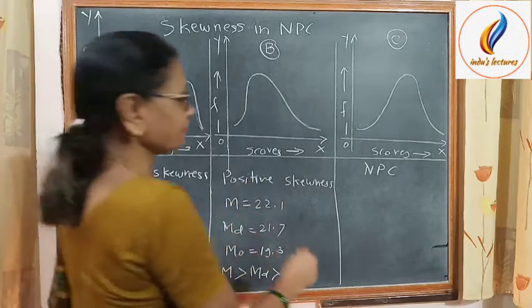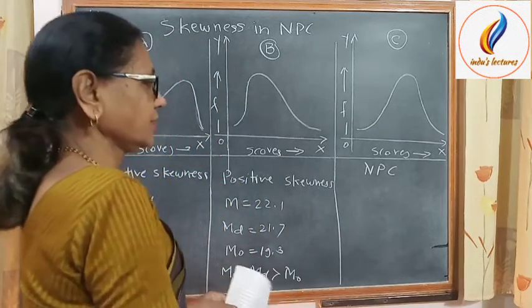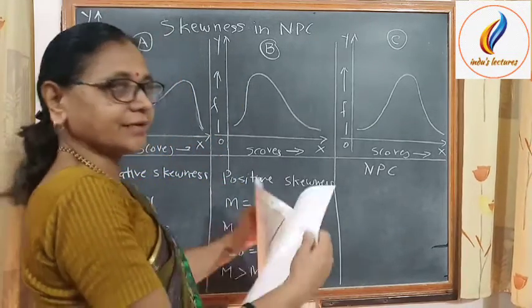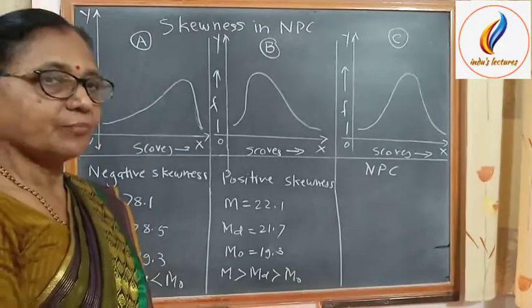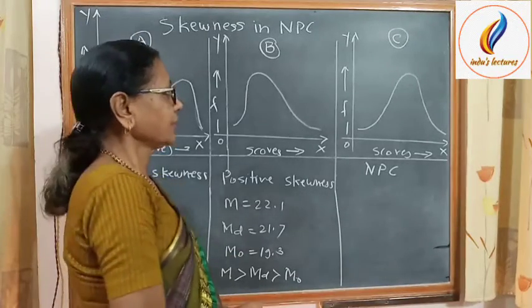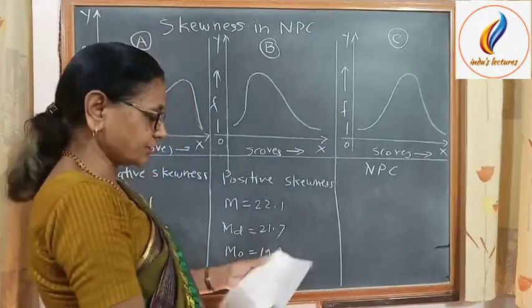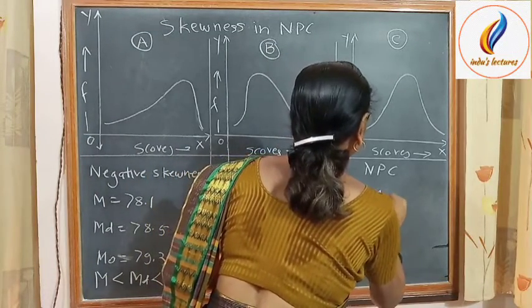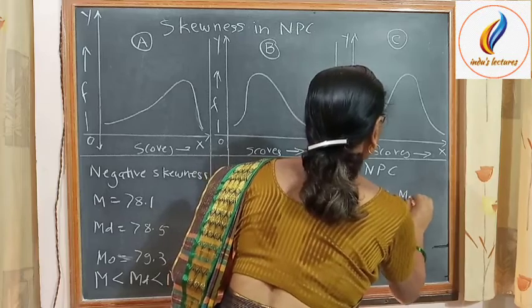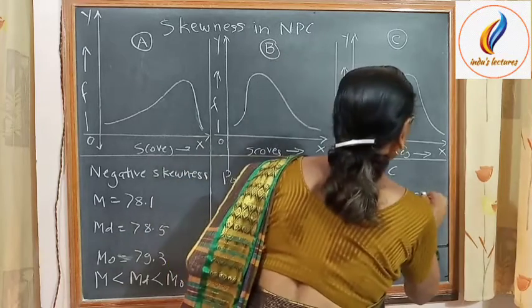And in case of a normal probability curve, we know that mean is equal to median is equal to mode, the values are the same. In case of distribution C, mean is equal to median is equal to mode, which is equal to 54.5.